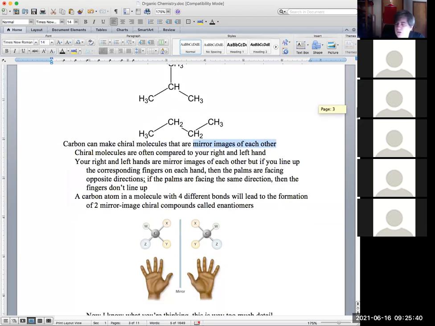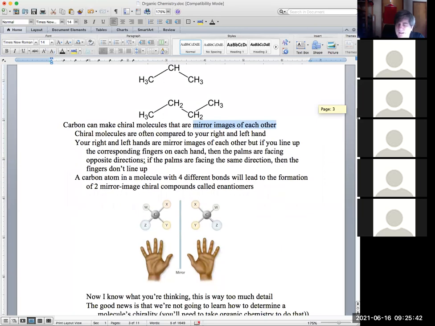And you have to have something that can make at least 4 bonds to have a chiral molecule. Because if we have a carbon atom, so we have a ball with a C here in the center, that's our carbon atom, and then we have 4 different bonds around it, and we're just representing these bonds by 4 different letters, W, X, Y, Z. And these 4 letters, these 4 bonds and this overall molecule are mirror images.